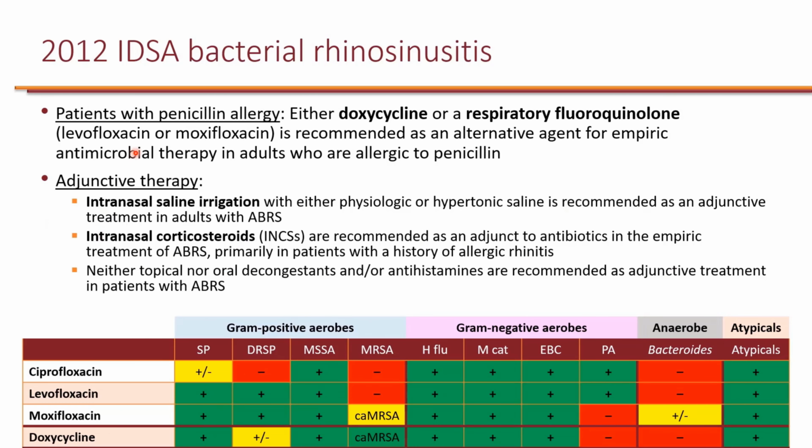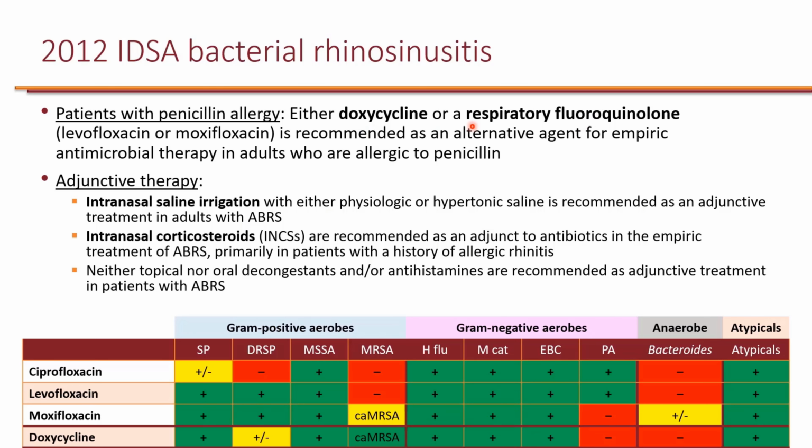So in patients with penicillin allergy, it's recommended to use either doxycycline or a respiratory fluoroquinolone. This is where using a respiratory fluoroquinolone is okay, because now the patient has an allergy to penicillin, so they can no longer take Augmentin. So now it's okay to use fluoroquinolones because the patient is running out of options.